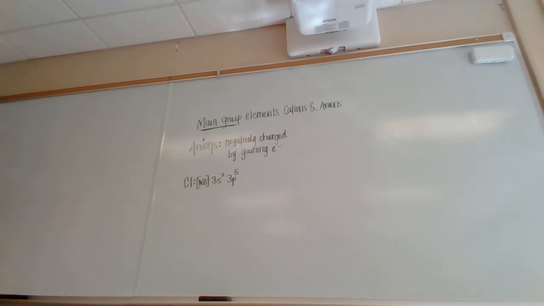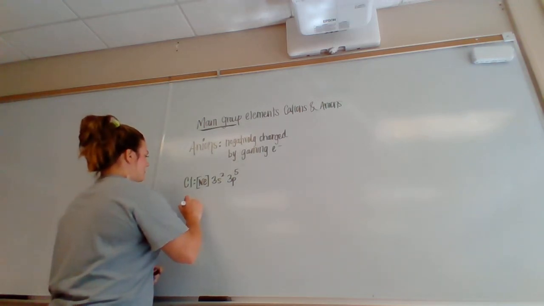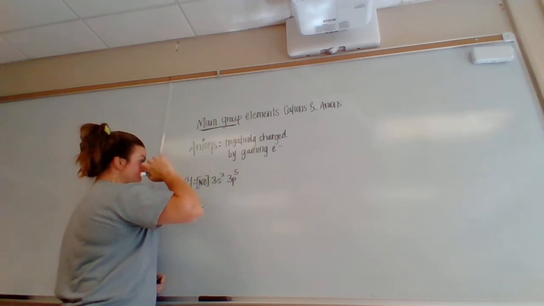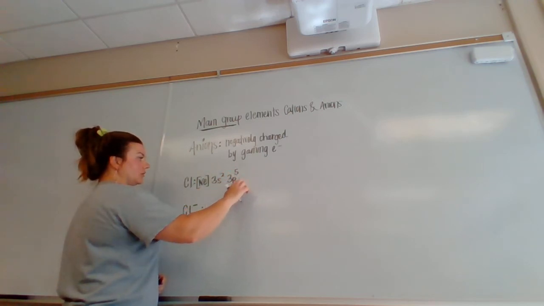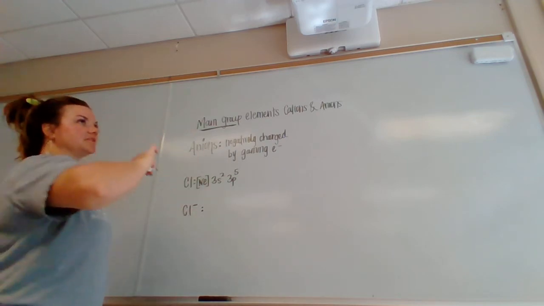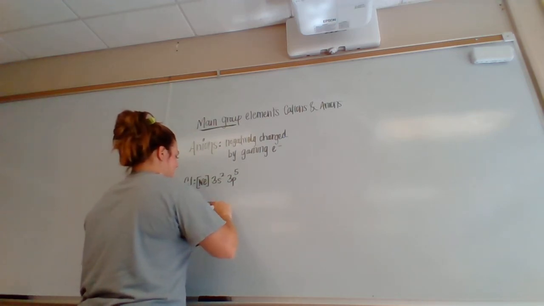What kind of negative charge does chlorine prefer? -1. So what it does is it adds 1 electron to this last p orbital, the 3p orbital, and it becomes that of argon.